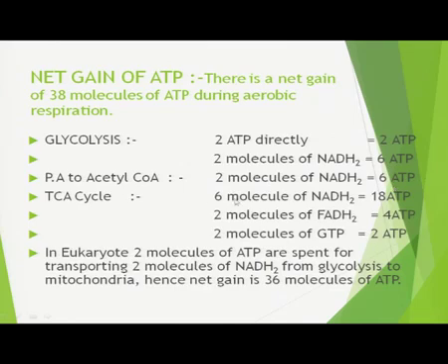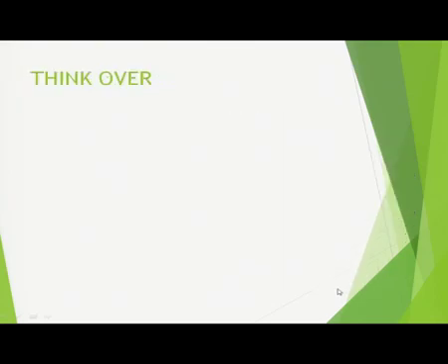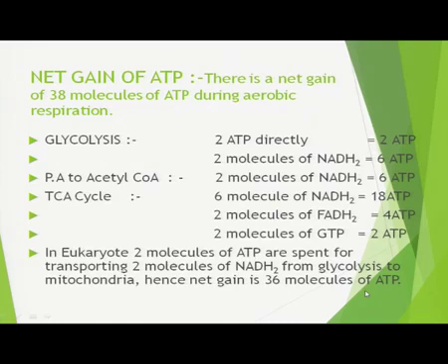In TCA cycle 6 molecules of NADH2, total 18 ATP is formed. 2 molecules of FADH2, 4 ATP is formed. 2 molecules of GTP when converted into ATP, 2 ATP. Okay. So, total 38 ATP, we can say that it is 36 ATP when the 2 ATP is consumed during glycolysis and when transferring the acetyl coenzyme into the other form.